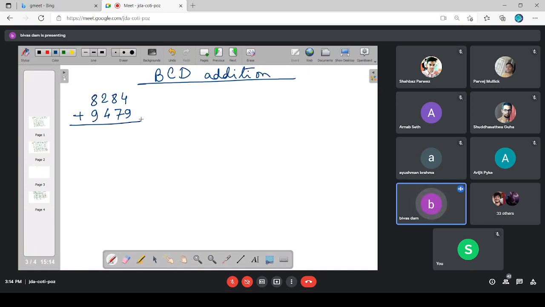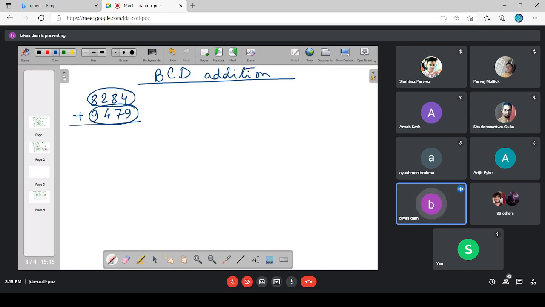I think it is not very clear. I repeat, I have two decimal numbers. I am not going for the binary conversion. What I am going to do is encode them into binary, that means arrive at their BCD versions.